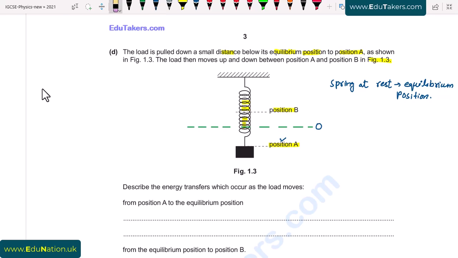So when the spring is moved from position A to O, then O position is actually the equilibrium position. I write here, at equilibrium position, the speed of the spring is maximum. V is maximum.